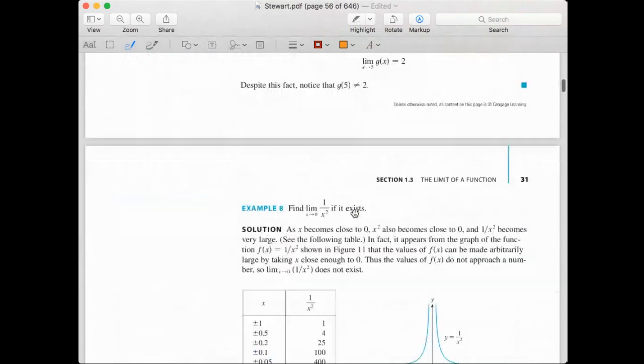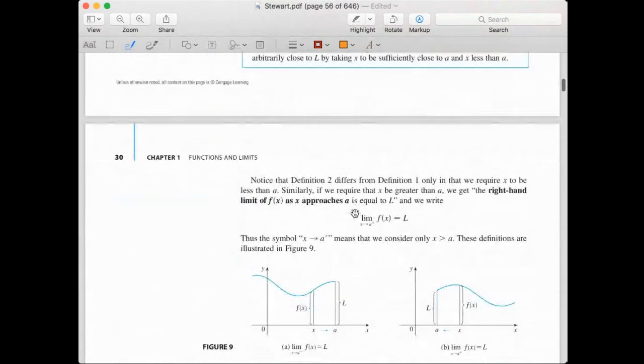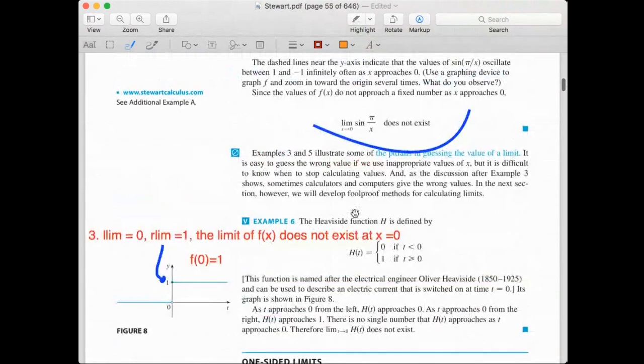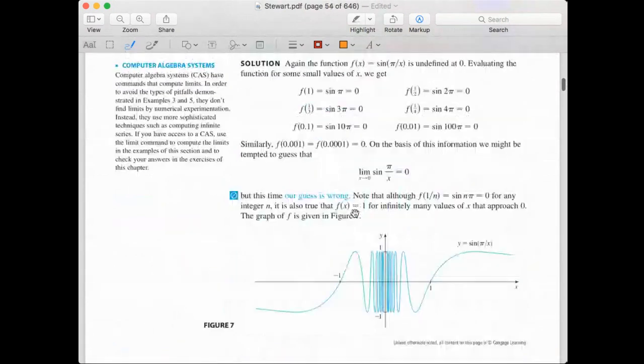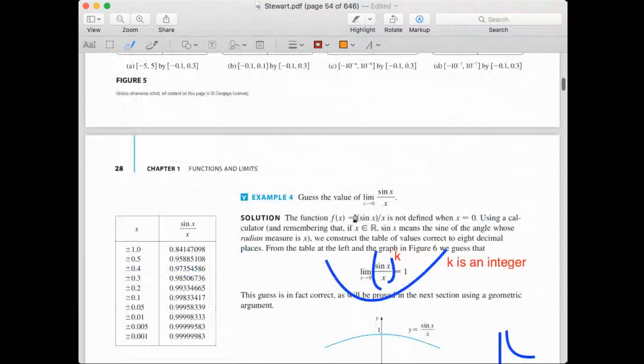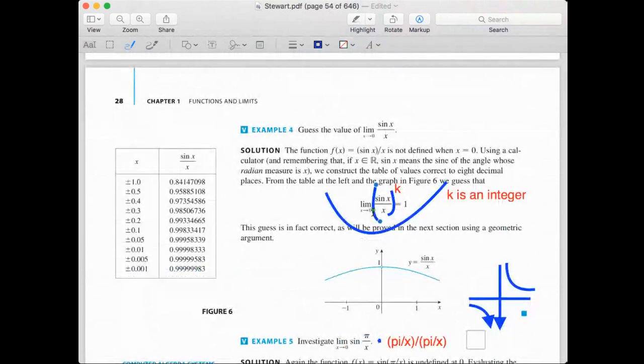The formula is super important. Right, so the limit when x approaches 0 of sine x over x equals 1.